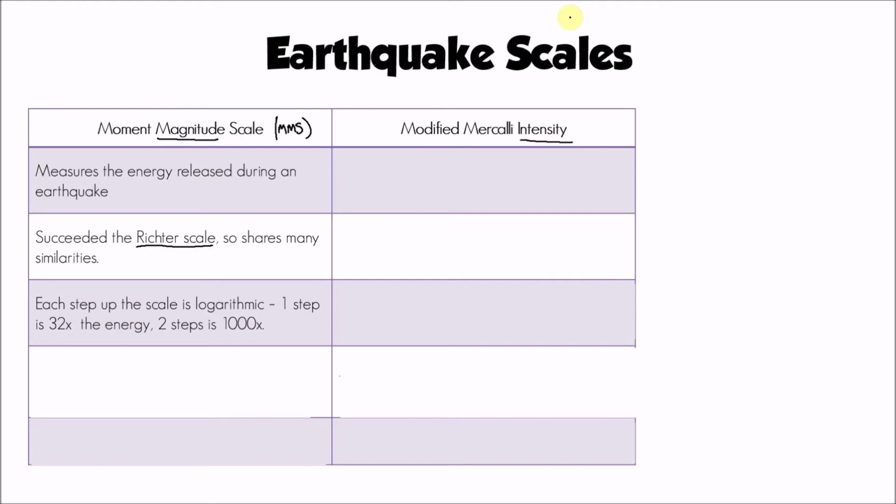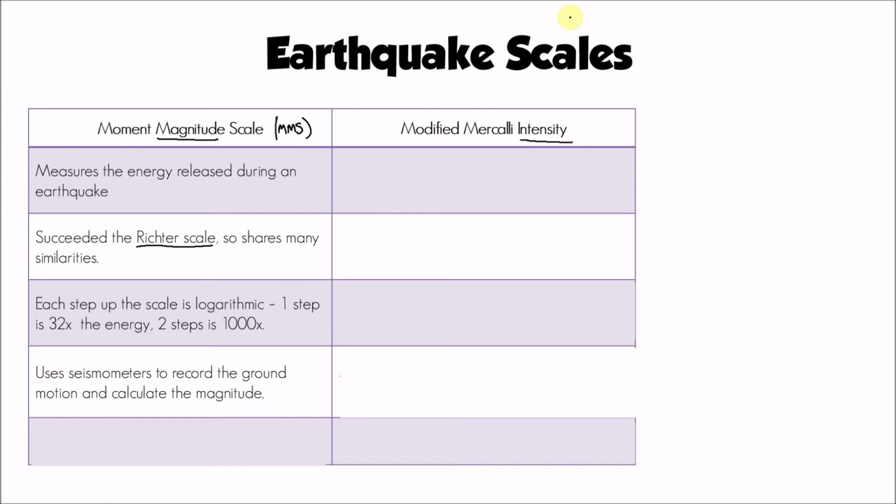It's actually 1,000 times stronger than a 2. So when we're going up that scale, we are increasing the amounts of energy very, very significantly. And that's why we don't tend to find very large magnitude earthquakes happening that often, because the amount of energy needed to build up to those big earthquakes takes a long, long time to accumulate in the crust.